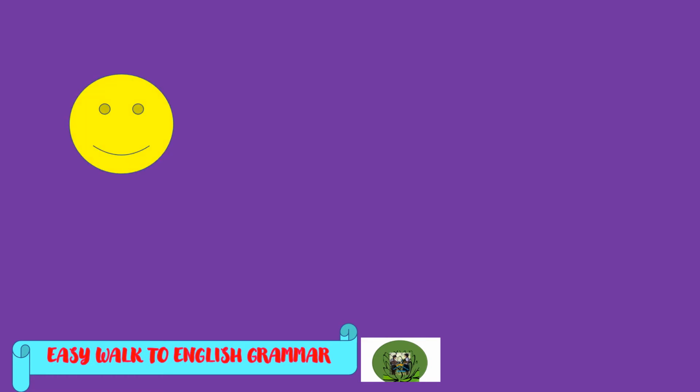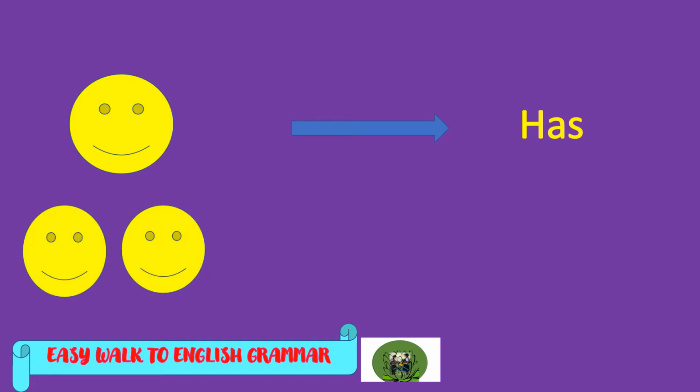When there is only one person or thing or animal or whatever it may be, we'll be using has. This is the singular form of have. When there are two or more than two persons, means two plus persons or things or animals or birds or whatever it may be, we'll be using have.